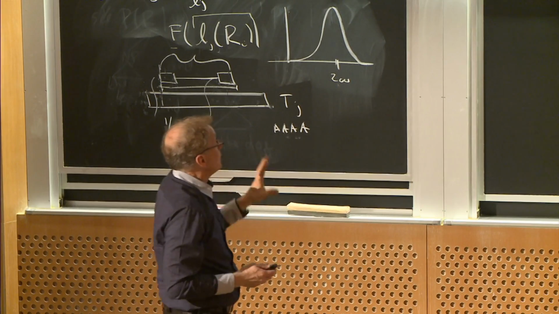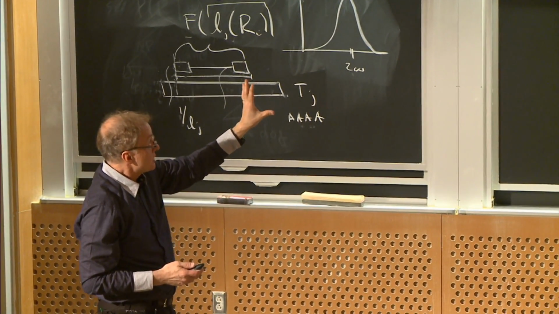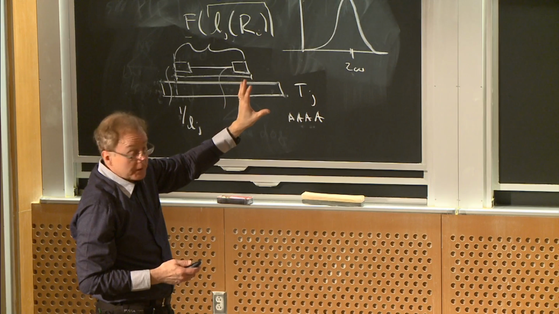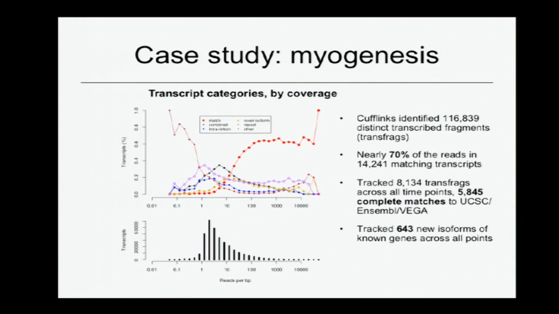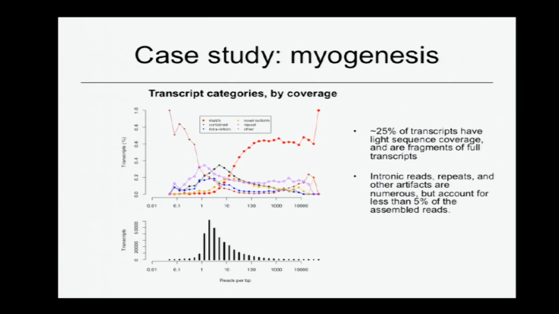And just to give you an idea, when this was done for myogenesis, a program called Cufflinks, which does this kind of process of identifying isoform prevalences, was able to identify a large number of transcripts. 70% of the reads were in previously annotated transcripts, but it also found 643 new isoforms of genes in this single time series. And I posted one of the papers that describes some of this technology on the Stellar site.